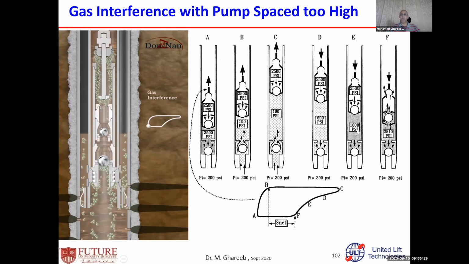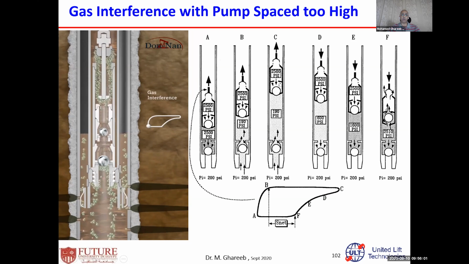Gas lock means that when I reach the bottom of my stroke and have compressed all the fluid in the pump here, the pressure below the traveling valve is not high enough. It has not reached the point needed to open this traveling valve. And in the upstroke, I go up to the end, while the pressure here is also not decreased enough to allow the standing valve to open.